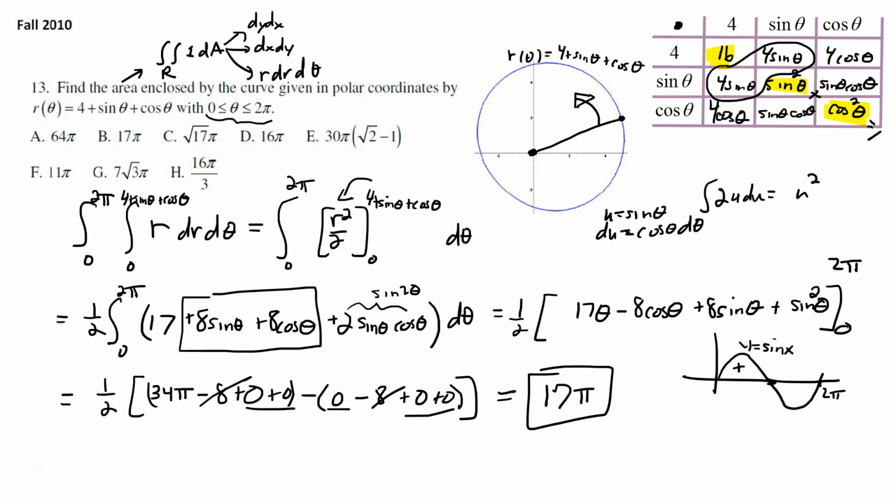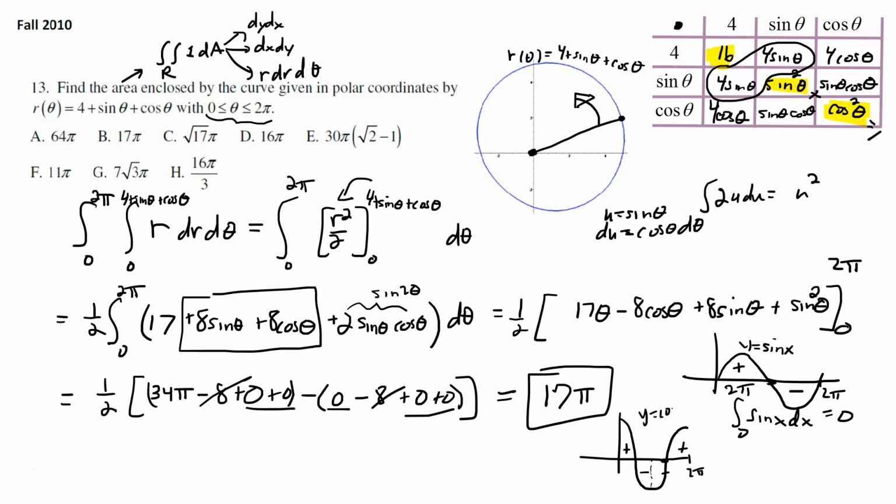the positive area and the negative area cancels out. The integral of sine of x from 0 to 2 pi is guaranteed to be 0. Same thing works for cosine x in a different way, because we have it looking like this, where these positive areas cancel with these negative areas.